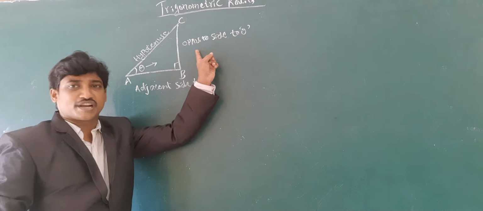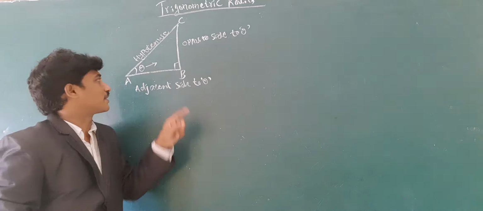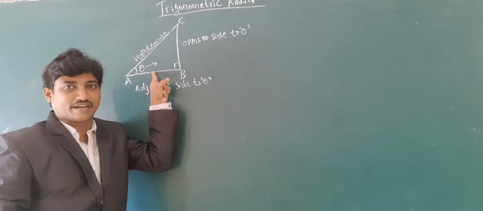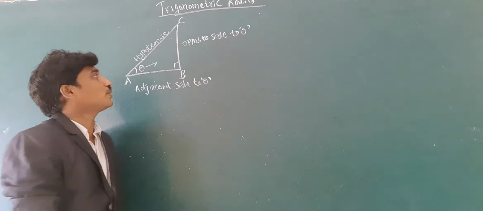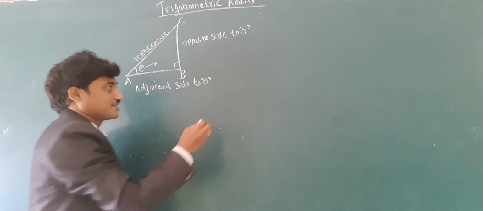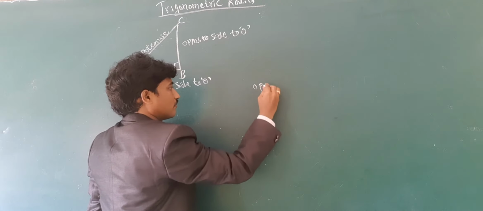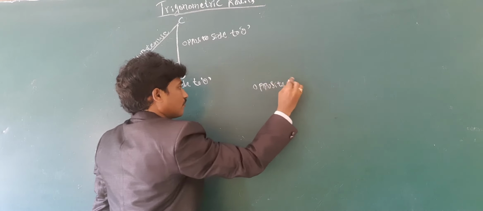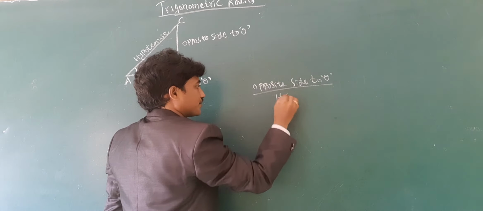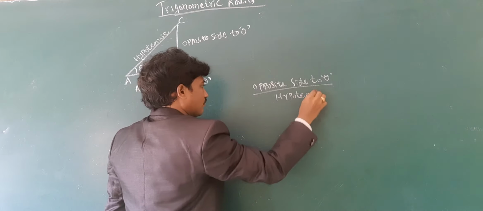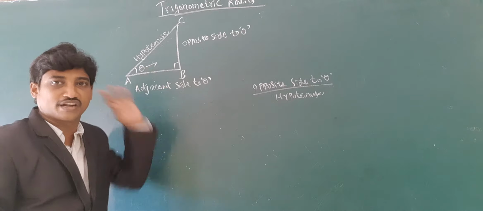The ratio of the opposite side to theta and the hypotenuse is constant with respect to that particular angle theta in all similar triangles. So opposite side to theta by hypotenuse is a constant. This ratio is constant with respect to that particular acute angle theta.